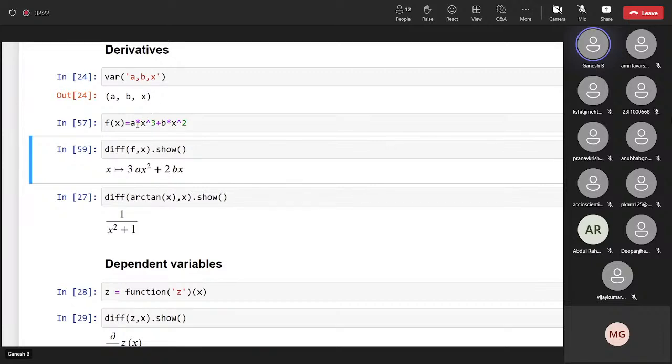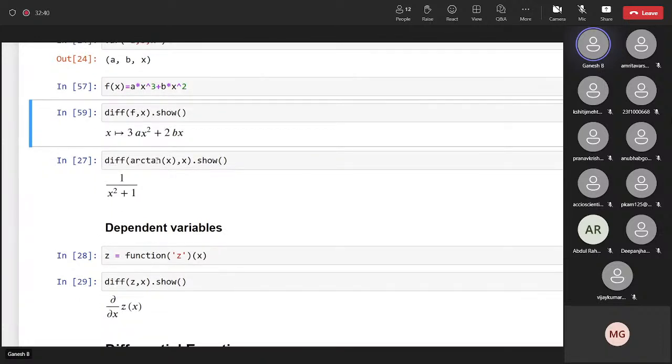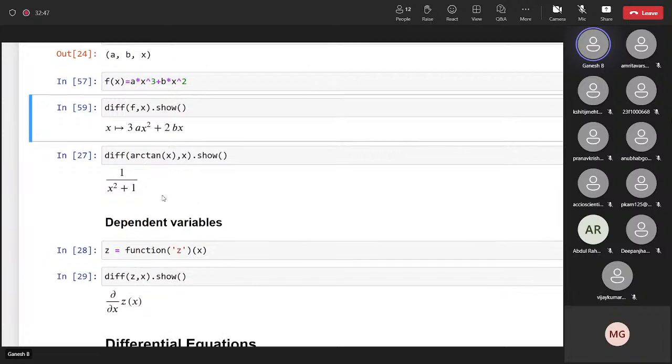There's no hassle with creating a and b as constants. When you say x is a variable, Sage understands that a and whatever other variables you have are constants, and it just keeps them. So it's very useful. And again, the differentiation of tan inverse x with respect to x is just 1 by 1 plus x square.